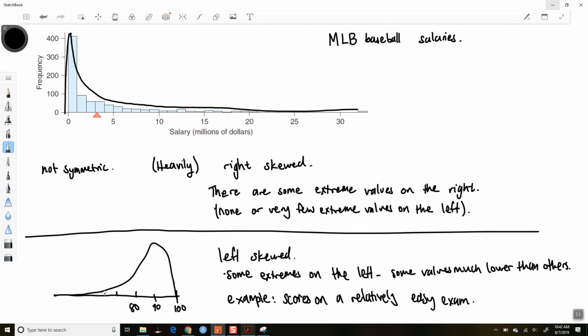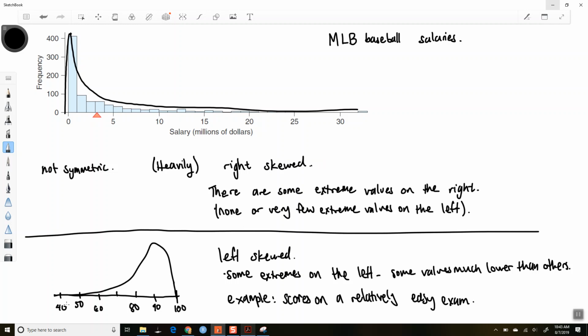But inevitably, even on an easy exam, there might be somebody who never attended class, didn't look at any of the content, and just came into the exam cold and randomly guessed on things and scored something around a 30%, okay?